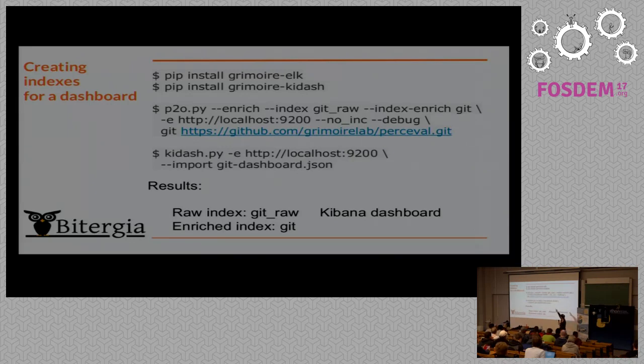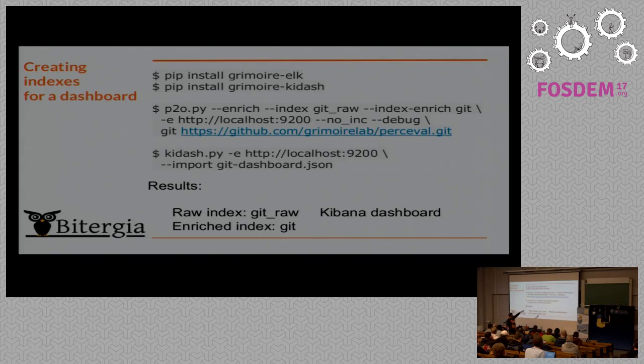So the tool for running this, once you install GrimoireLab, you have a module which is called GrimoireLab, and a tool which is P2O. P2O is basically getting information from the repositories and creating the raw and the enriched indexes. So that's everything. You only need to specify the name of the indexes, git_raw and git in this case, and where the Elasticsearch instance is going to be.